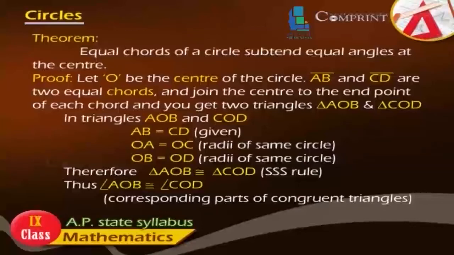In triangles AOB and COD, AB is equal to CD, which is given. OA is equal to OC, which are the radii of the same circle. OB is equal to OD, radii of the same circle. Therefore, triangle AOB is congruent to triangle COD, by the SSS rule. Thus, angle AOB is equal to angle COD, which are corresponding parts of congruent triangles.